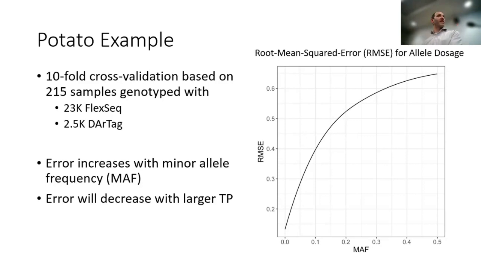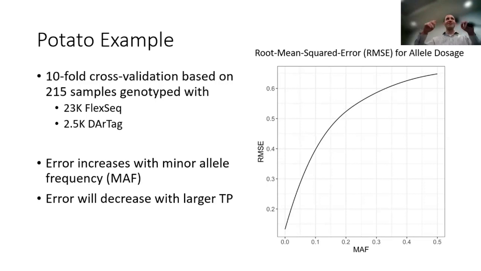Right? If everything has the same genotype, it's easy to predict it. You just predict that most common genotype. So that makes sense. The values here are still pretty reasonable. I'd like them to be a bit lower, but this is only 215 samples. The RMSE is somewhere at 0.6 at the high end, which means, think about a 0.5 error as sort of halfway between the integer dosages.